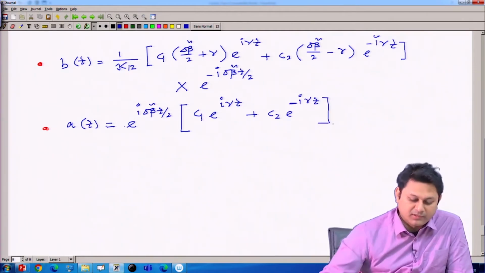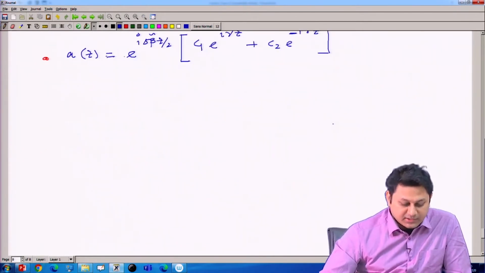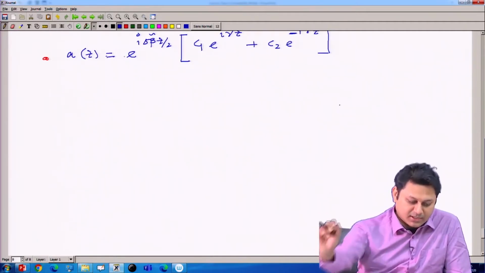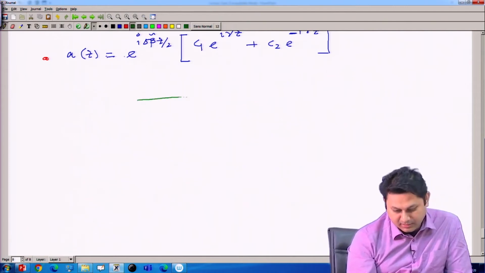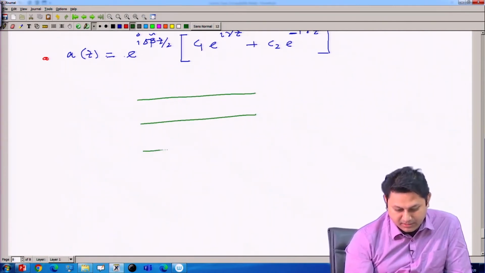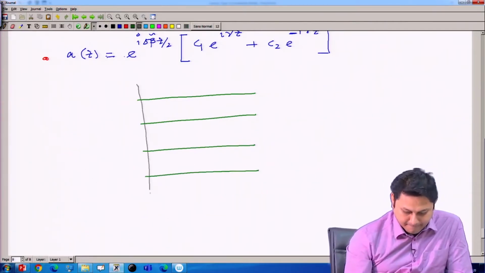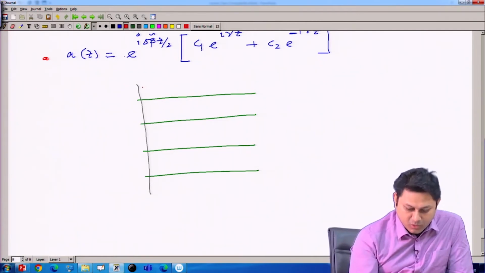So, now I know what is my A, what is my B, and C1, C2 are the constants that we are going to evaluate with the boundary conditions. So, that is important. The boundary condition I already mentioned earlier: this is the structure of the waveguide, and this is waveguide 1.